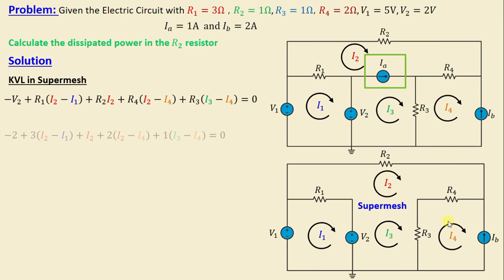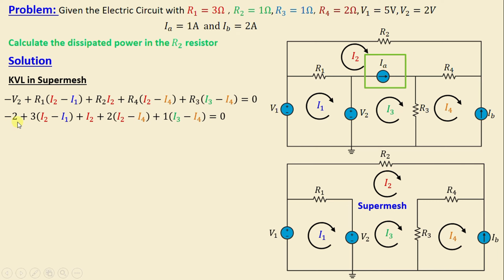By replacing the resistors and the voltage with their numerical values, we obtain negative 2 plus 3(I2 minus I1) plus I2 plus 2(I2 minus I4) plus (I3 minus I4) is equal to 0. If we continue simplifying this equation, we obtain negative 2 plus 6I2 minus 3I1 plus I3 minus 3I4 is equal to 0. And I will call this equation number 1.